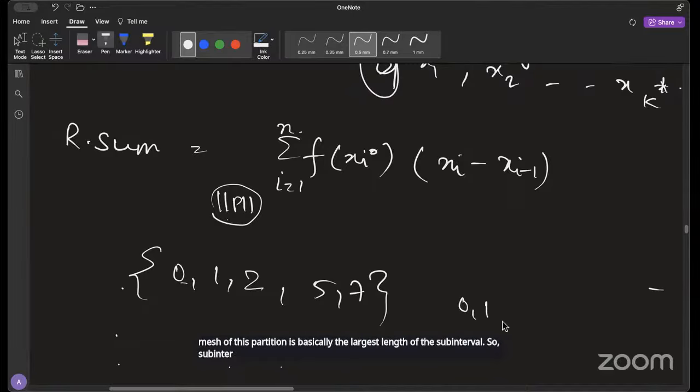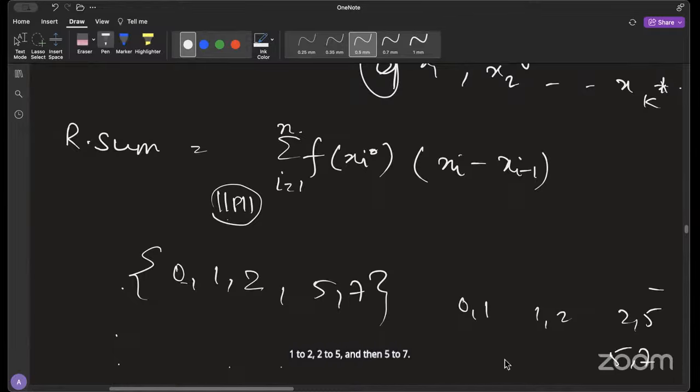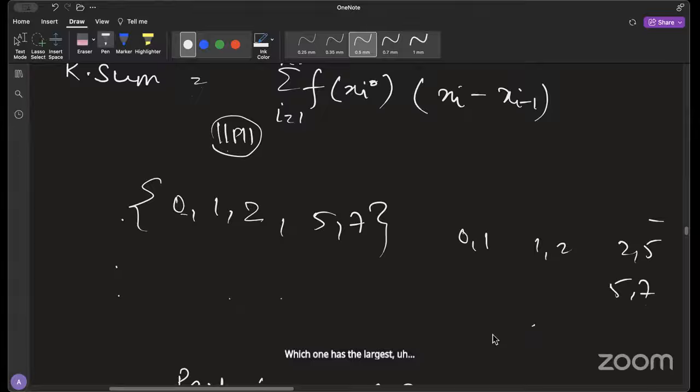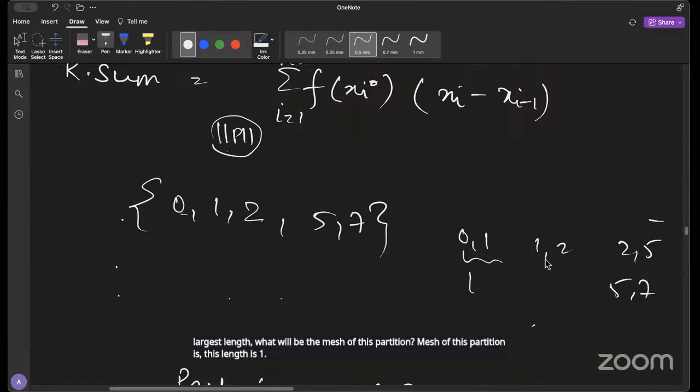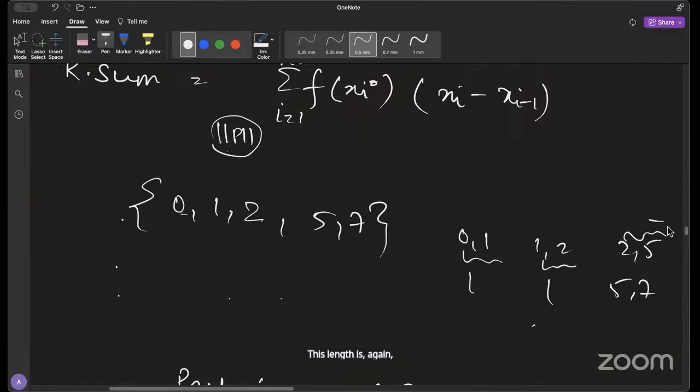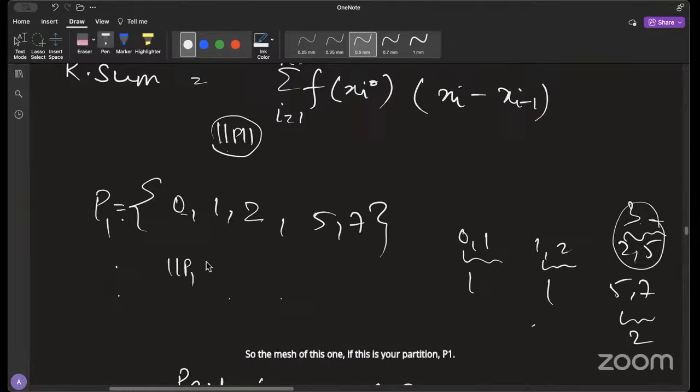So subintervals are 0 to 1, 1 to 2, 2 to 5, and then 5 to 7. Which one has the largest length? This length is 1, this length is again 1, this length is 3, this length is 2. The maximum length is this one, right? 2 to 5. So if this is your partition P1, then the mesh of P1 is 3.